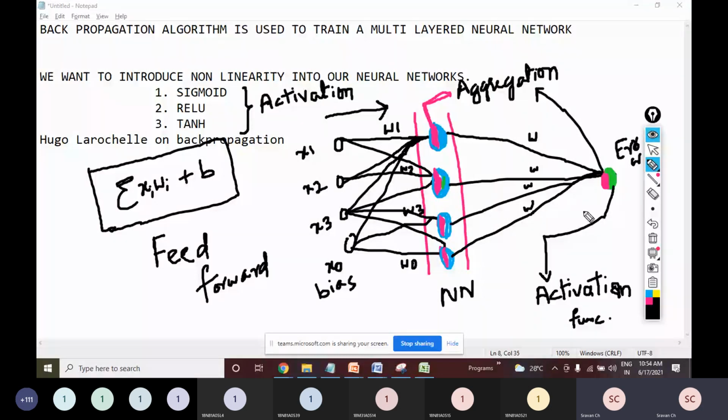So till it reaches convergence, we continue to back propagate the errors and update the weights. That's the reason the algorithm is called back propagation. Till this point, is it clear to everyone? Please let me know.